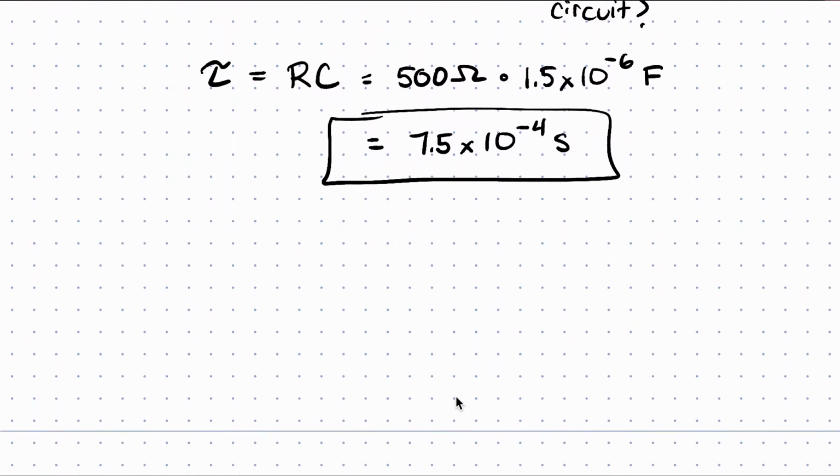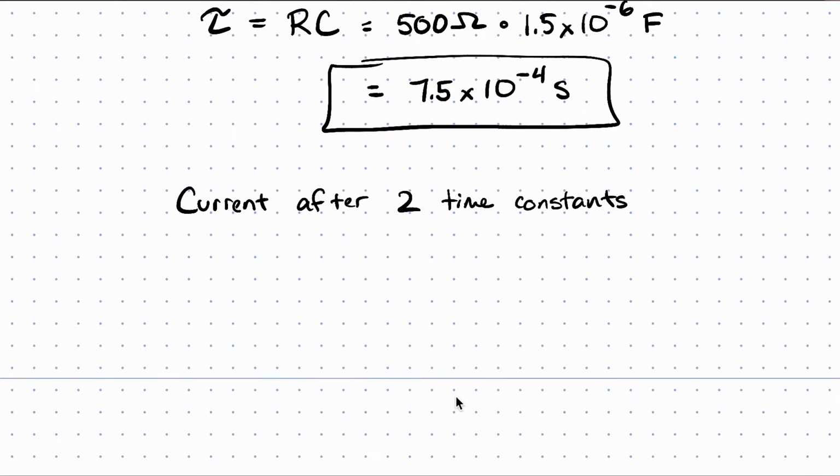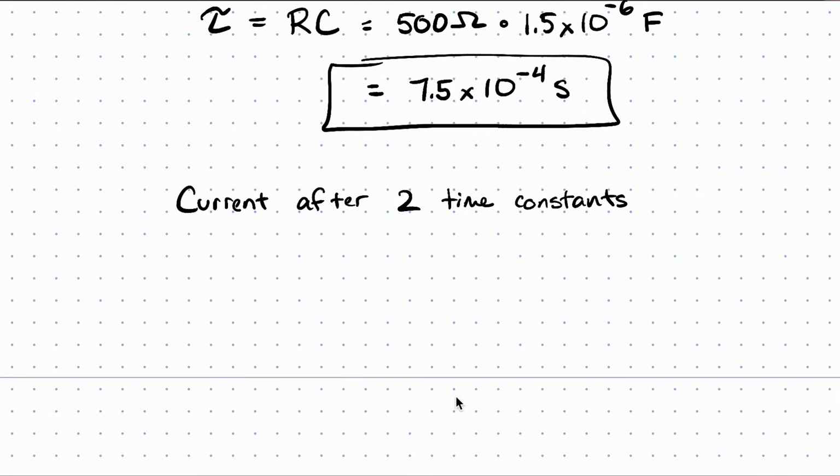You can refer to the notes to see the proof of that. And so next we're going to figure out what the current is after two time constants. RC circuits change their behavior with time. An uncharged RC circuit will start off with a larger amount of current, and then that current decays with time.